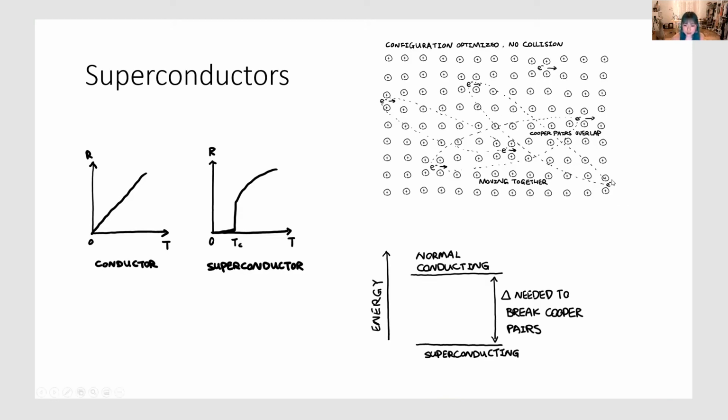This can provide protection for your system, because you need a certain amount of energy to break the Cooper pair and put your superconducting material back into a normal conducting material. So there is an energy gap that you can use to shield your system. If you can cool it down to the superconducting state, then your system is safe from being scattered around. So that's also why we need to cool it down for the topological setup.